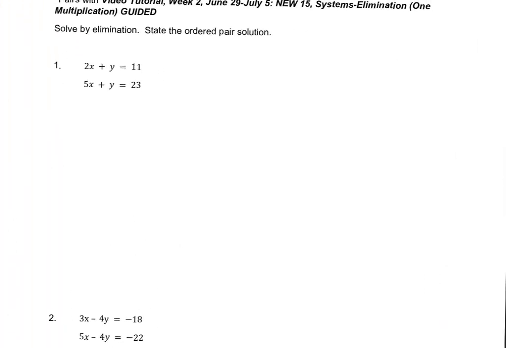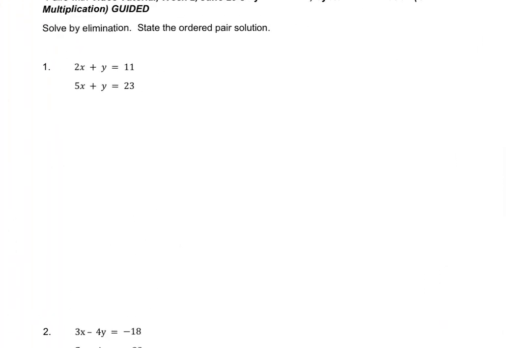So we were looking at a system in the last video where, off the bat, everything was set up so that when you looked at your columns, X, Y, and the constant, you were ready to zero out one of your columns.